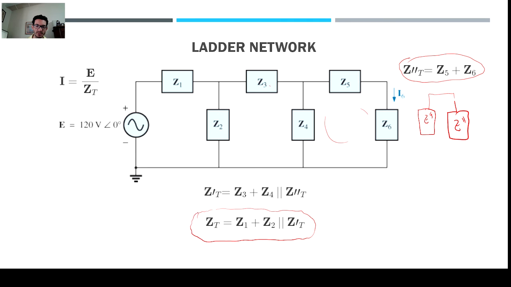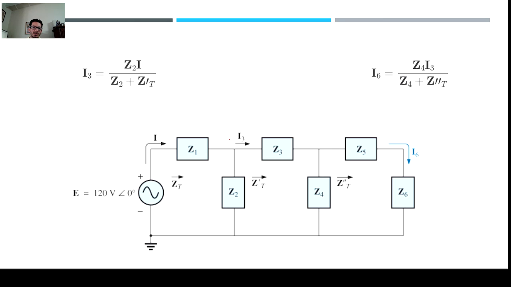At the end, you can find the current source by doing Ohm's law of the voltage divided by the total impedance. And then you go back distributing the voltage and the current through each network.